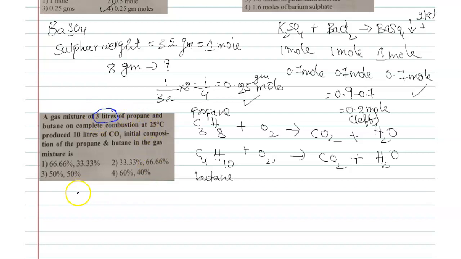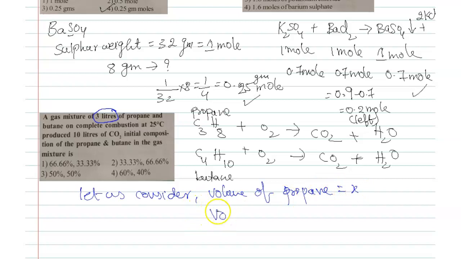So then we can consider, let us consider volume of propane x. Then volume of butane is, totally actually 3 liters, so it will give 3 minus x liters. Is it okay? 3 minus x liters.